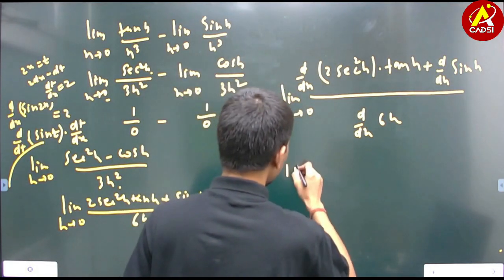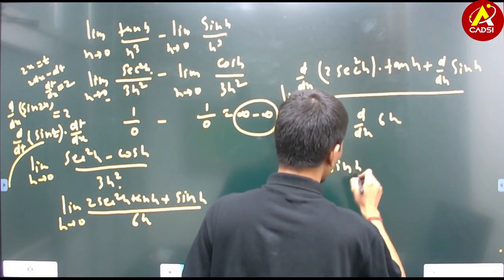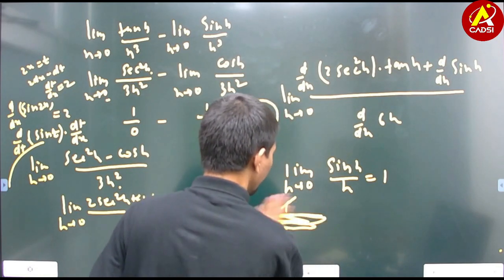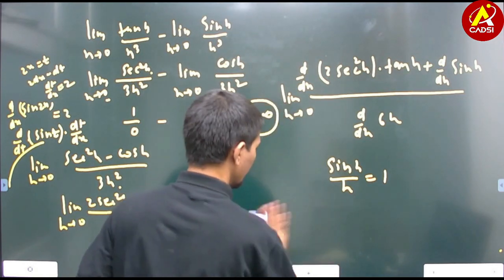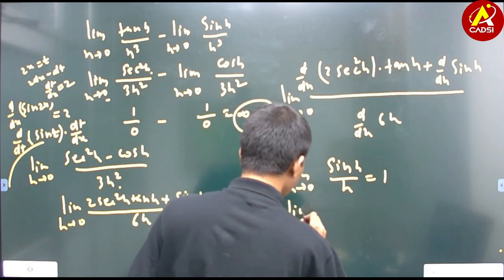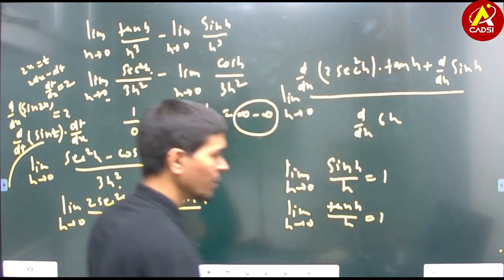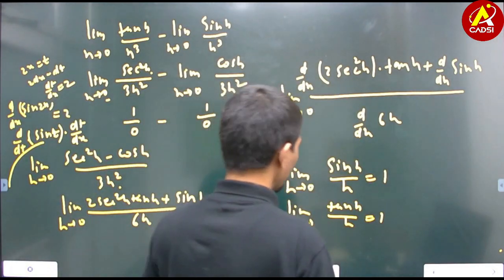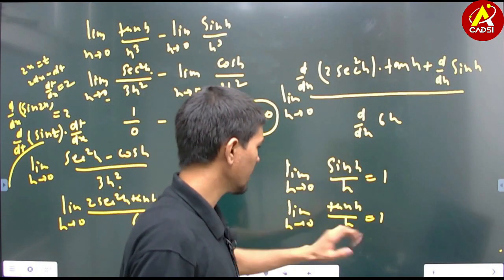Here we can use limit h tending to 0 of sin h upon h equals 1, and the limit h tending to 0 of tan h upon h equals 1. We can use this concept here. And how can you say that this will be 1 and this will be 1?